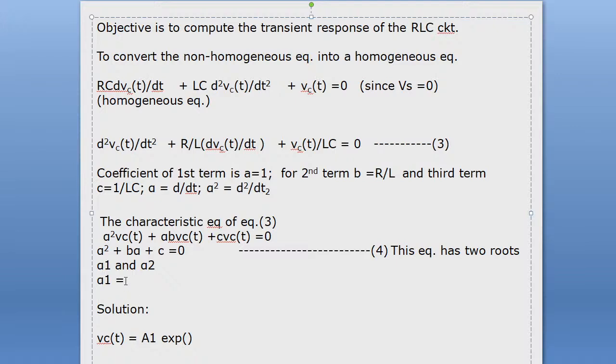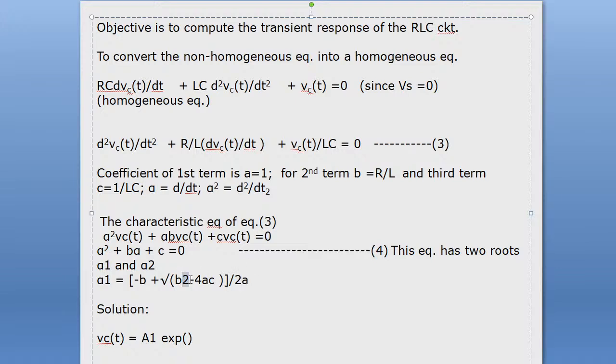The solution of this root, alpha 1 equal to minus b plus square root of b square minus 4ac. This will be within bracket b square minus 4ac. This total part divided by 2a.